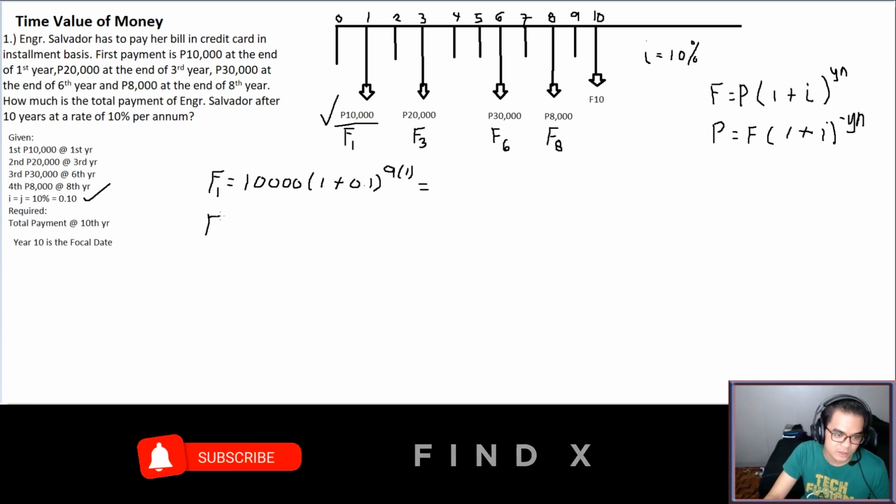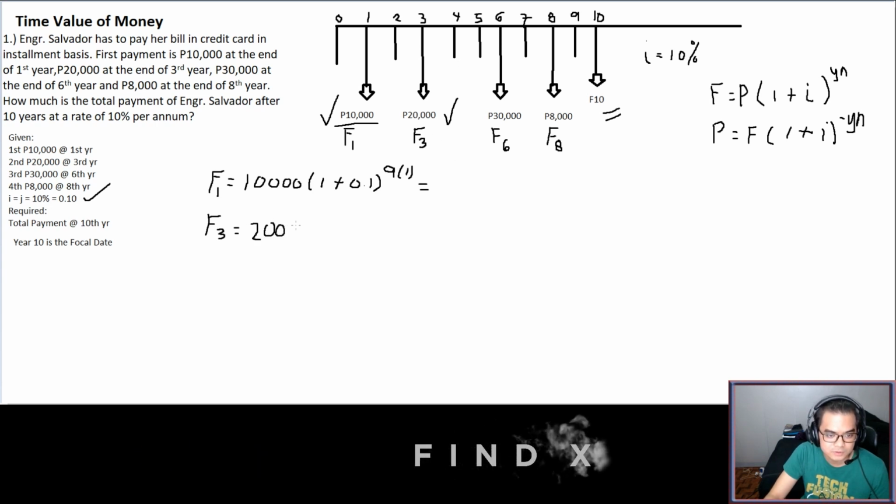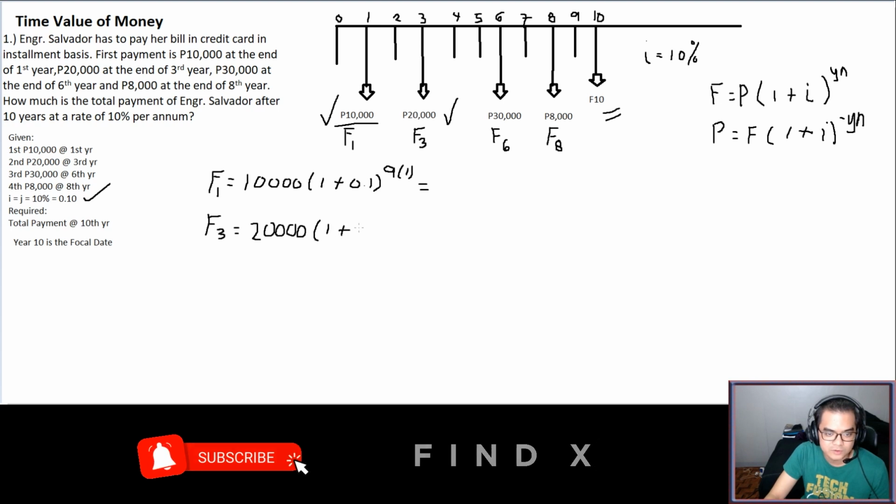So next one we have here, no, this is not F2, this is F3. So for the F3, again, we'll be bringing this into the 10th year. Okay, so we have here 10,000 times 1 plus 0.1.